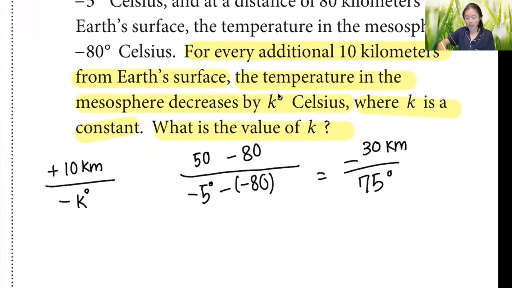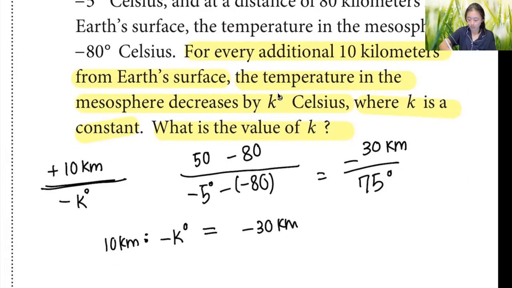So what I would do is construct a ratio. A ratio is basically a fraction written horizontally, and it's easier to understand that way. So it's 10 kilometers to negative K degrees Celsius, and that is going to equal negative 30 kilometers to 75 degrees.